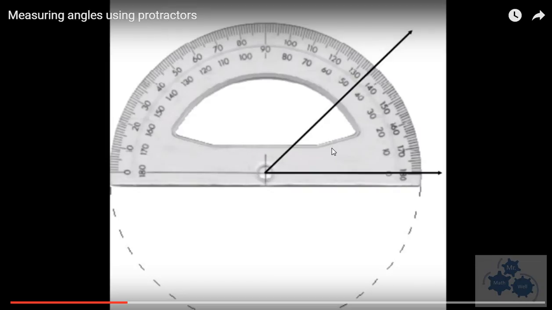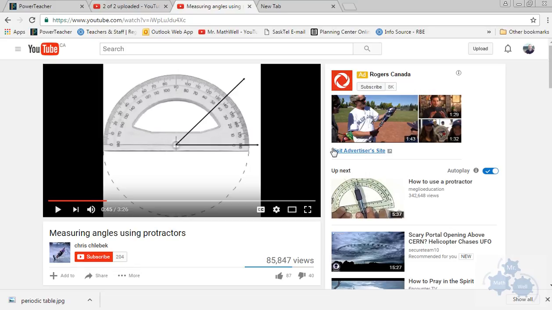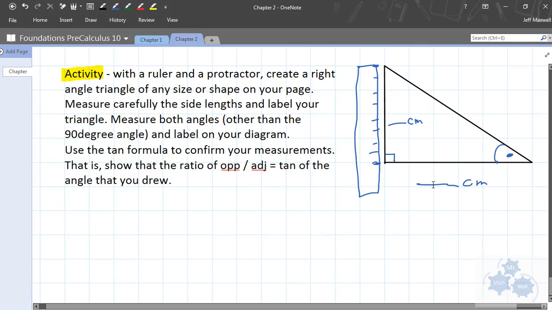All right. Going back to here, measure both of these angles, that one down there and this one over here. What I want you to do is confirm that this tangent ratio actually works with your triangle. Do it multiple times with both of these angles.